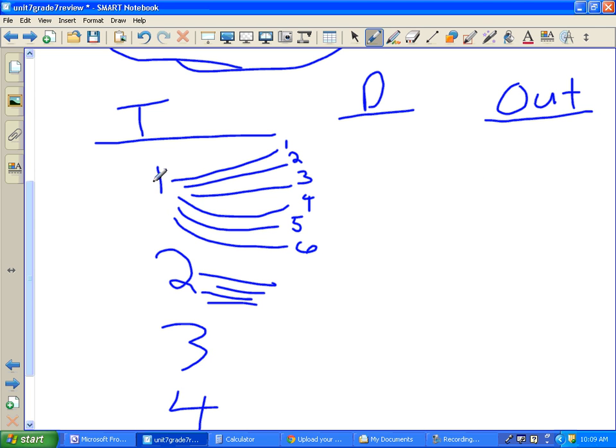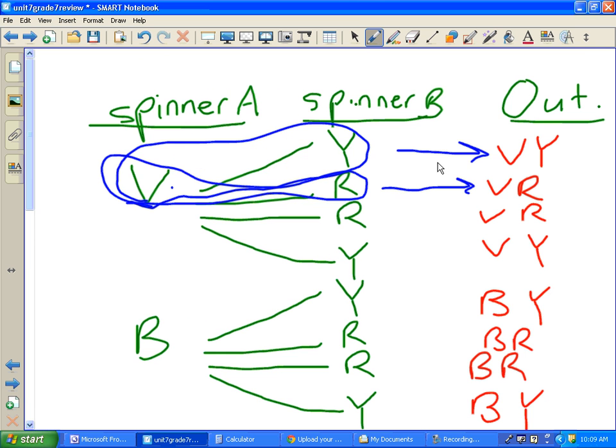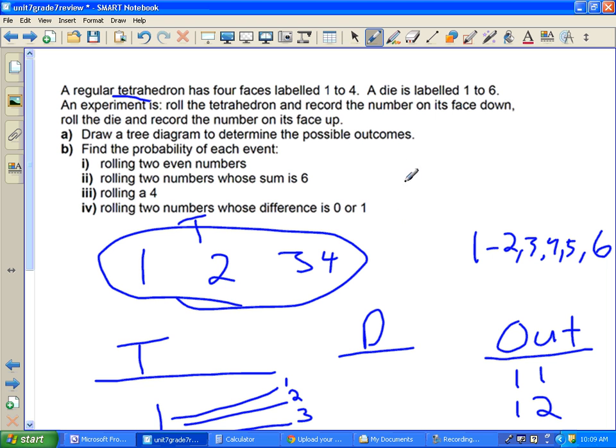And then finally, when I want to find out what my outcomes are, or what I could have gotten, I just go, okay, that's a 1 and a 1. Then it's a 1 and a 2, and so on. I keep listing them out for all of them, and I should end up with, I believe, 24 possible outcomes, because there'll be 6 for each one of these. When I'm done that, I look back at my question and see what's the probability of rolling 2 even numbers.